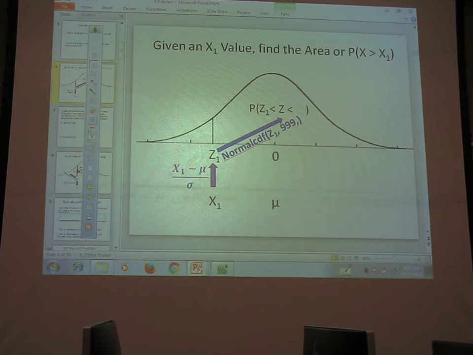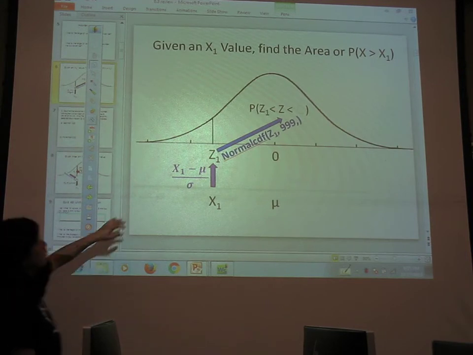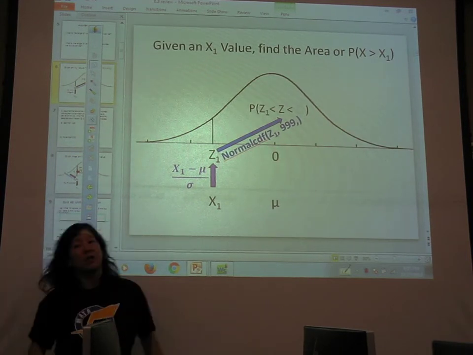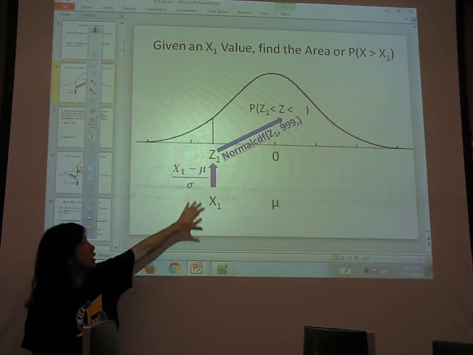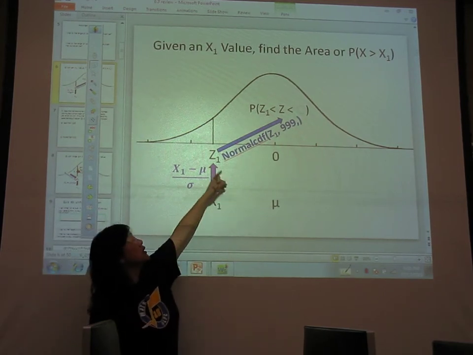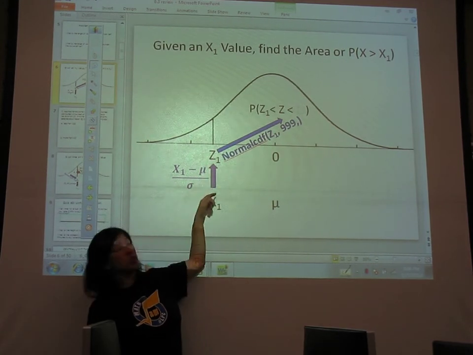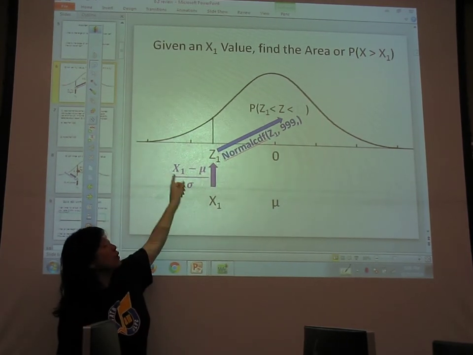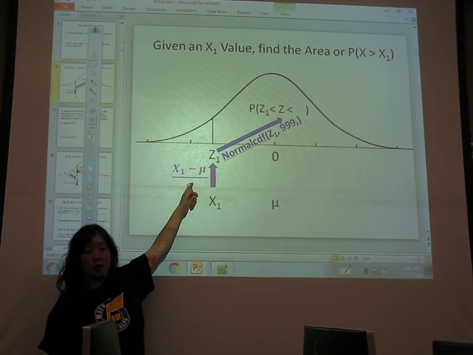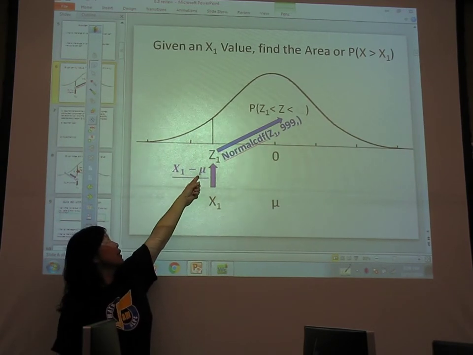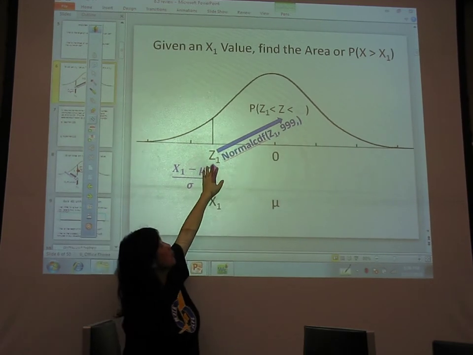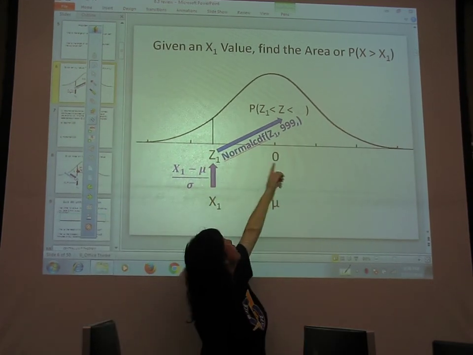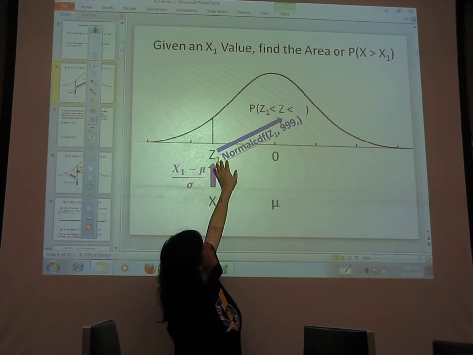All right, so this is my review slide from 6.3. Remember, if we want to know the area, the probability, for a given x value, first you take the x value and convert it to the z-score. How far is it from the mean, about how many standard deviations, divided by the standard deviation. Then we use normal CDF to figure out the area.